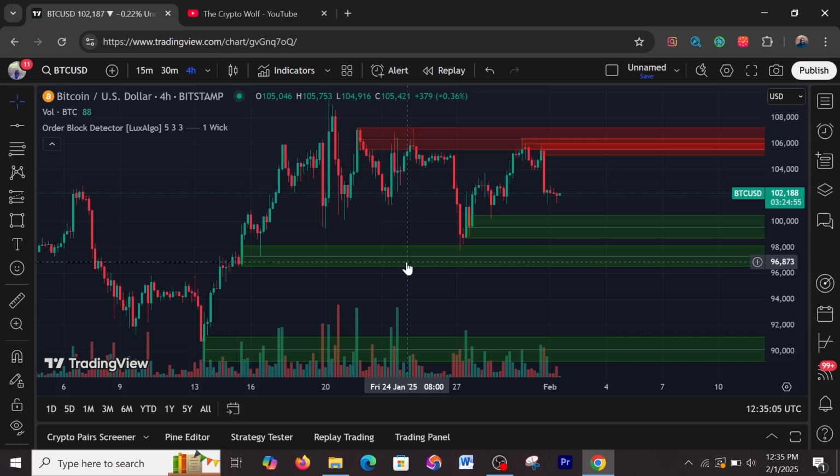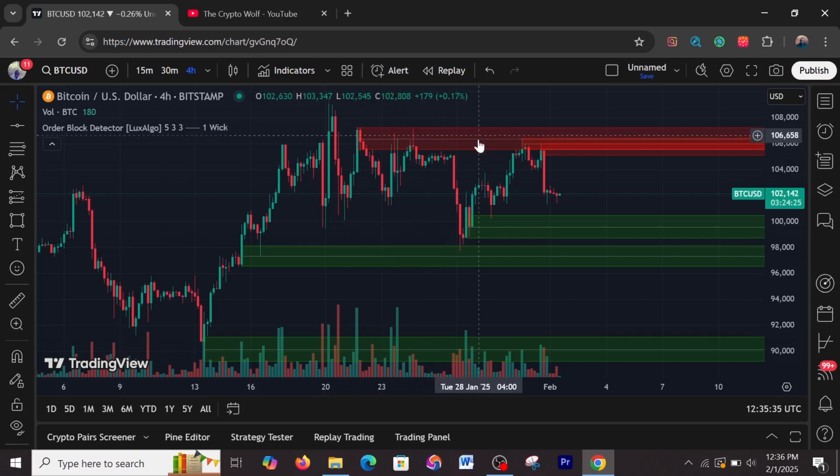So order blocks most times are where smart money buy and sell cryptocurrencies. So these are where big institutions and big traders place large orders, and oftentimes as price continues to move, if it comes around that area, it's most likely going to act as support and resistance. So this tool helps you to see that.